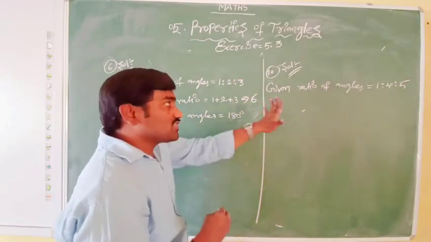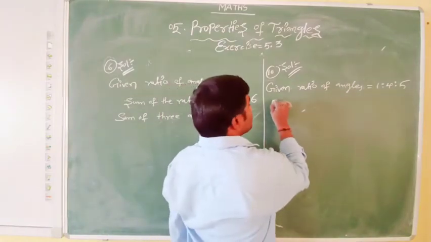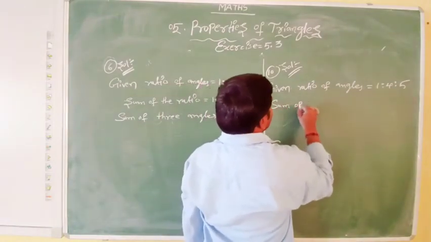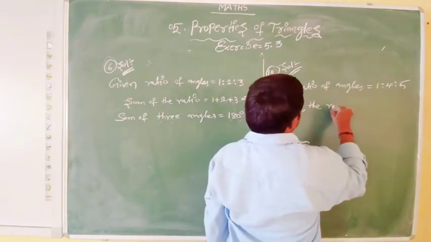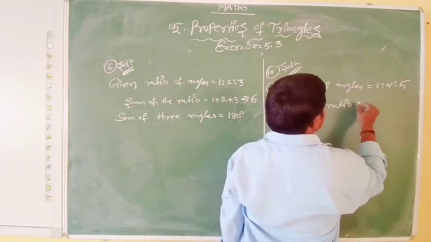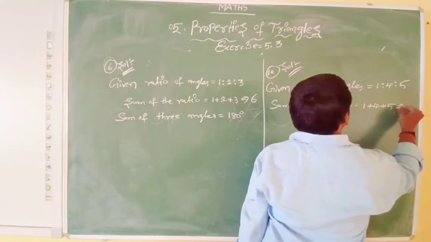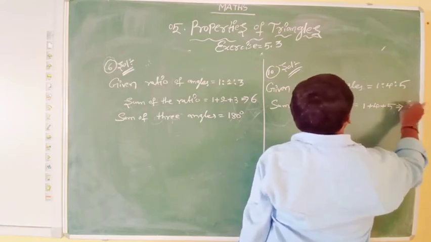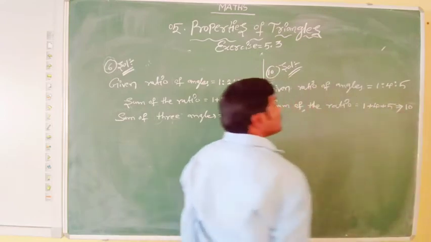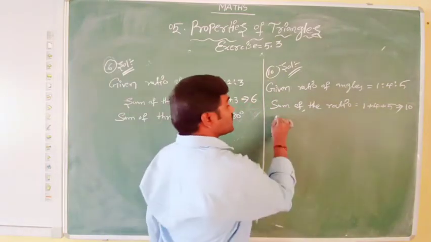Here also it is the same. We have to take the sum of the ratio. 1 plus 4 plus 5 equals 10.